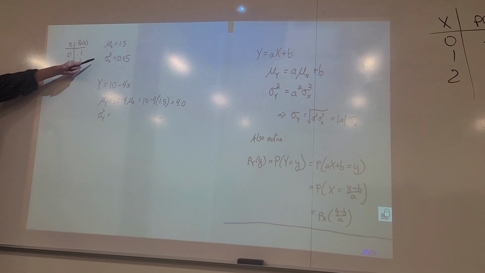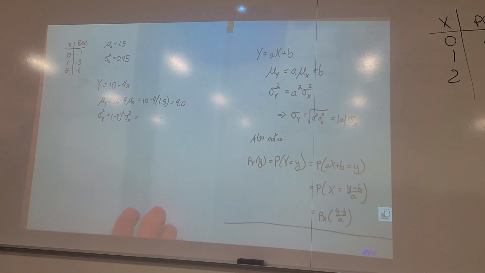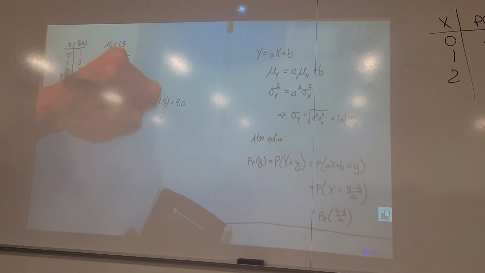Negative 4 squared times the variance of x, or 16 times 0.45, and I get something around a 7.2.